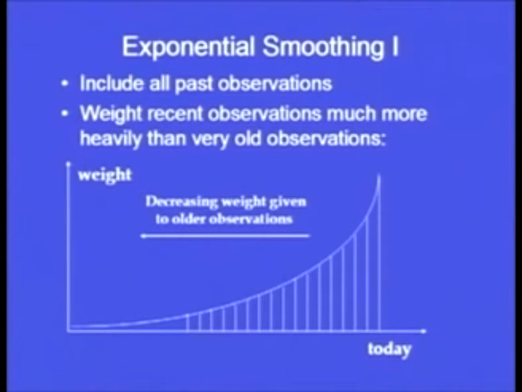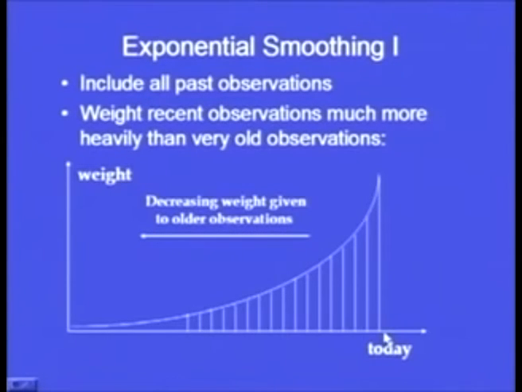But here we are going to include all the past observations and weigh recent observations much more heavily than very old observations. So you can see on the y axis it is the weight and on the x axis is the time. So these are the observations which are there, and decreasing weight given to older observations.